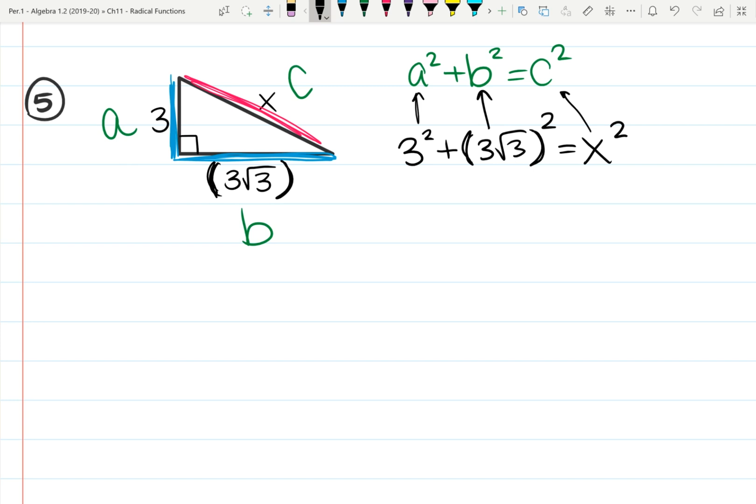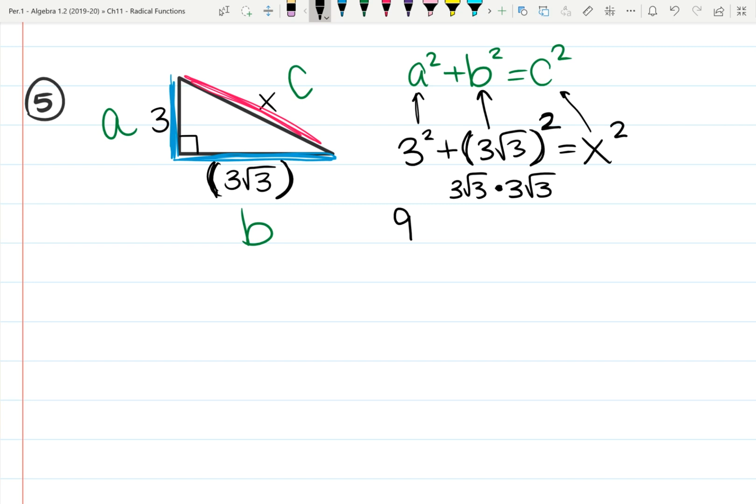All right, I'm going to go ahead and do some multiplication now. Starting with the easy one. 3 squared, 3 times 3 is 9. So I know this is going to be 9. And then here, I'm going to show my work. We are multiplying, right? 3 square root of 3 times 3 square root of 3. That's what's happening here. When you square something, you're multiplying it by itself.